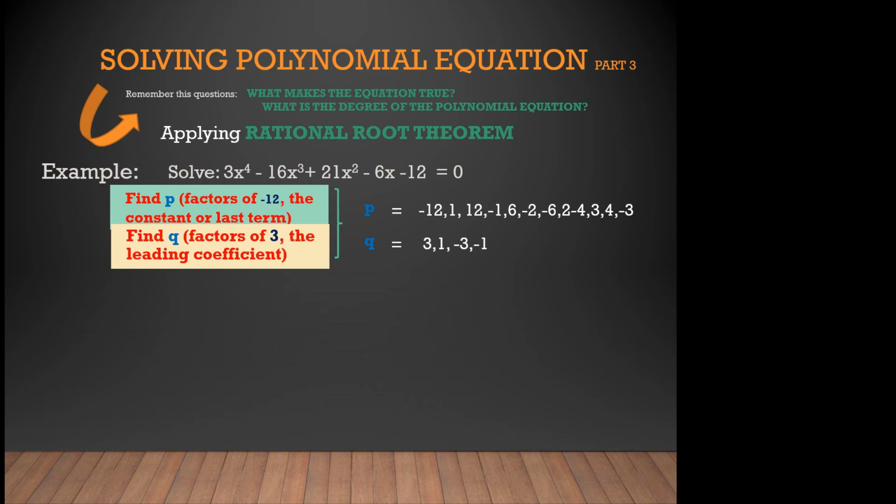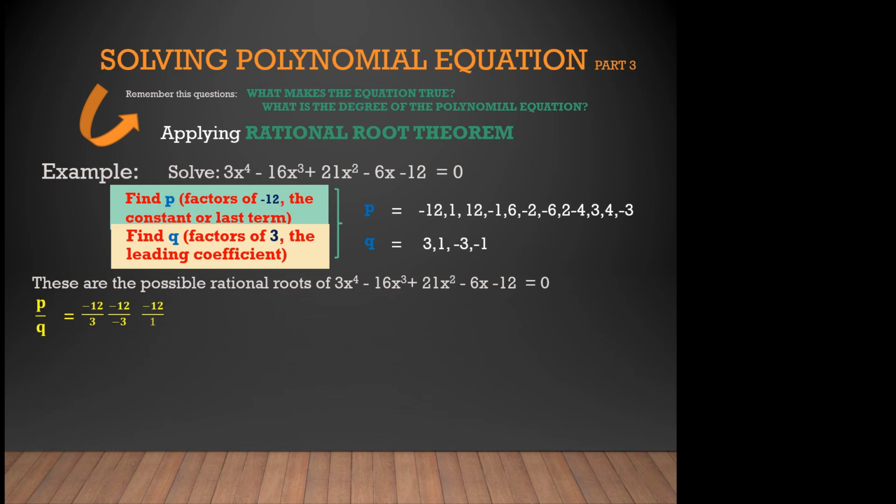So if we form our p over q using negative 12 as our p, we have negative 12 over 3, negative 12 over negative 3, negative 12 over 1, negative 12 over negative 1, which can be simplified. Negative 12 over 3 is negative 4. Negative 12 over negative 3 is positive 4. Negative 12 over 1 is negative 12.